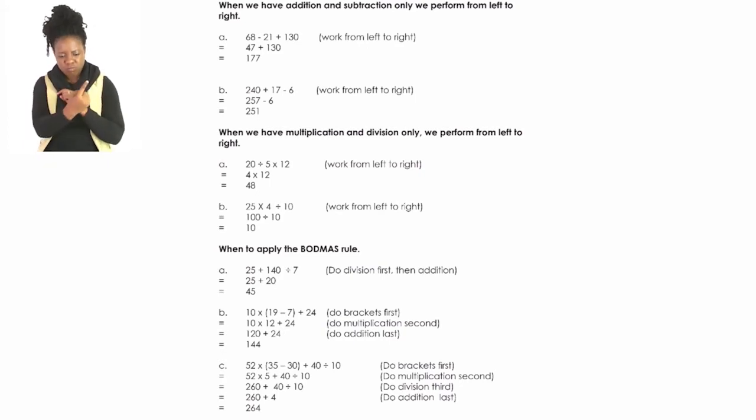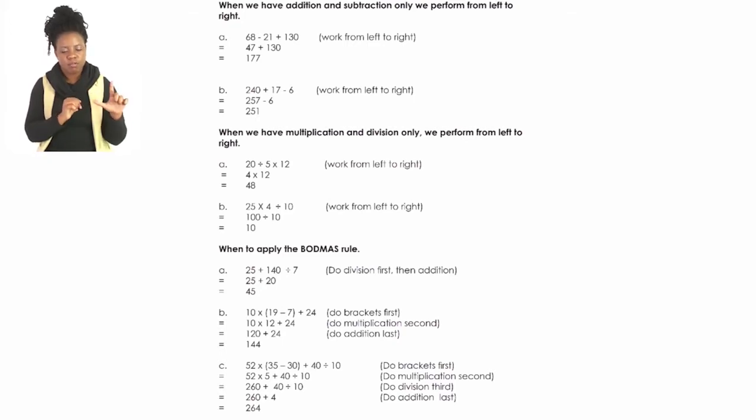Let's try example B. 25 times 4 divided by 10. Here the multiplication is first. So work from left to right.